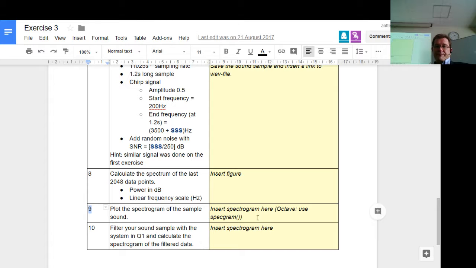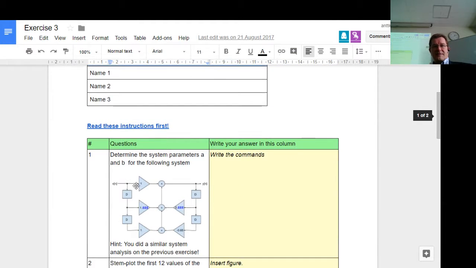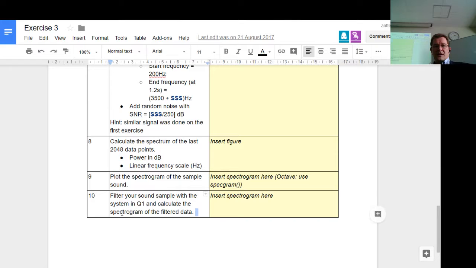And then part 10, basically combining this system, and filter your signal using that system and see what happens.